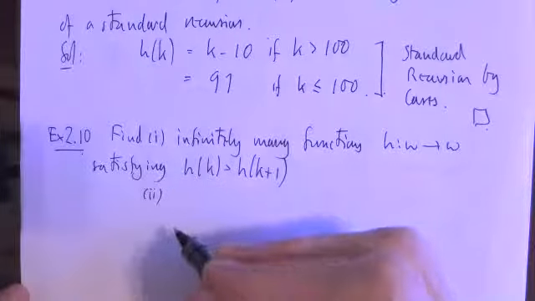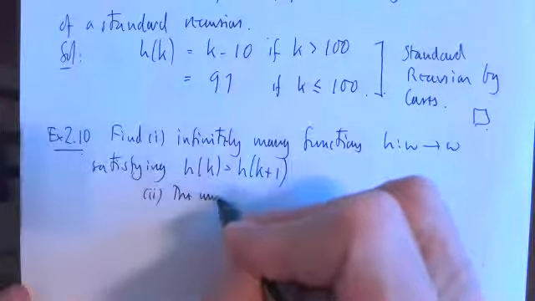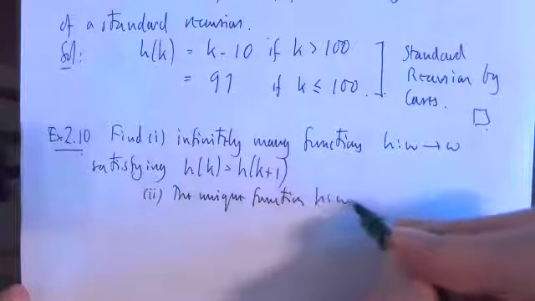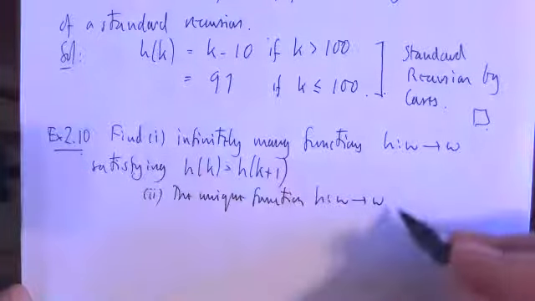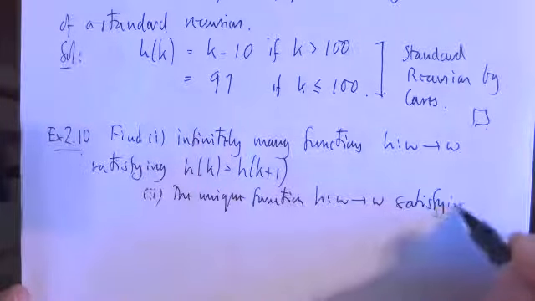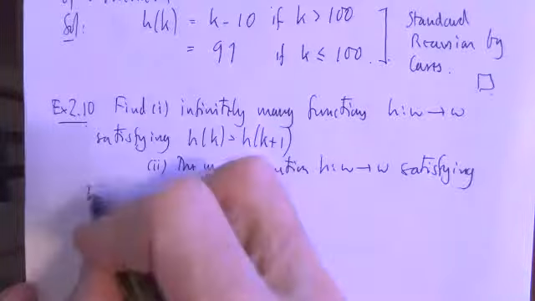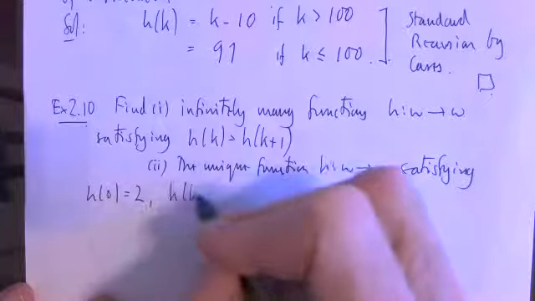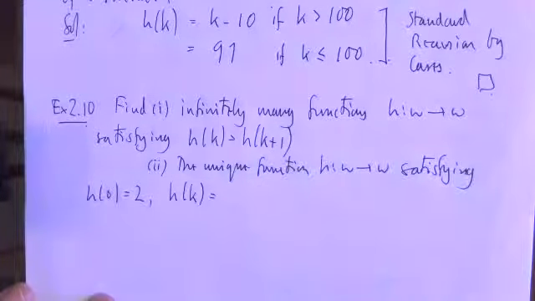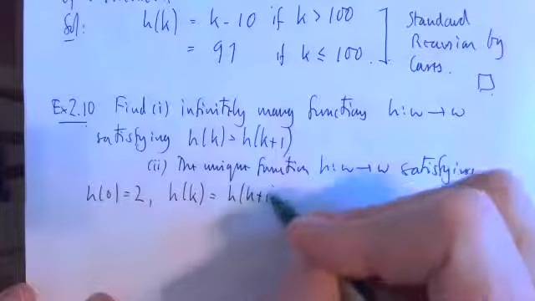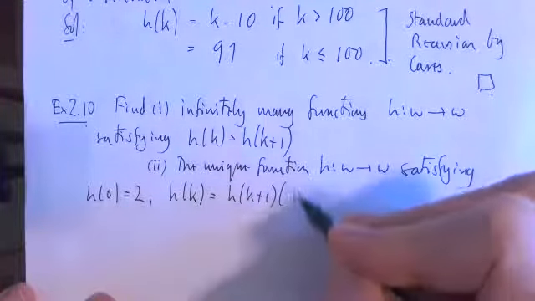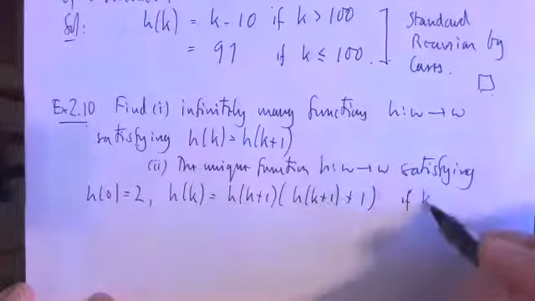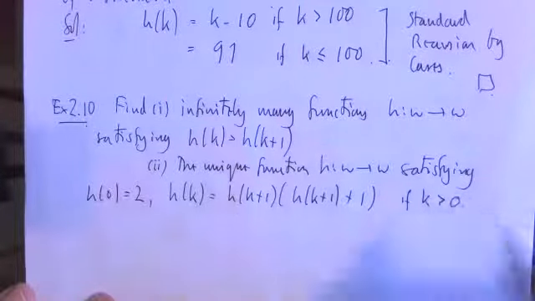And part 2 is to find the unique function from omega to omega satisfying h of 0 is 2, and then h of k is h of k plus 1 times h of k plus 1 plus 1 if k is bigger than 0.